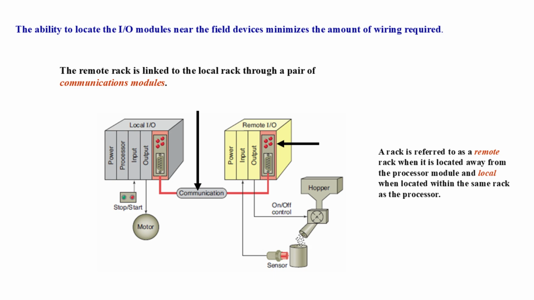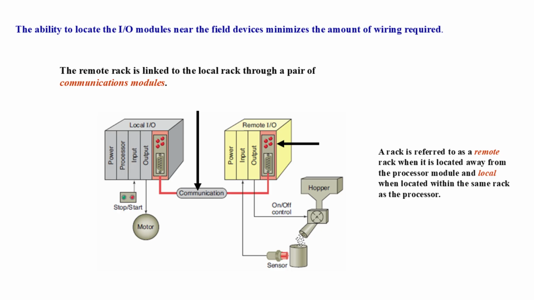To make this possible, PLCs use communication modules. These modules allow a remote I/O rack to be connected back to the local rack, where the processor is located. In the diagram, the box on the left represents the local rack. It contains the power supply, the processor, and some local input and output modules.